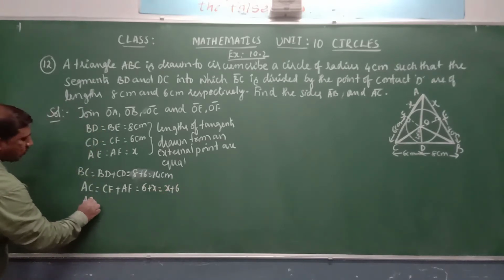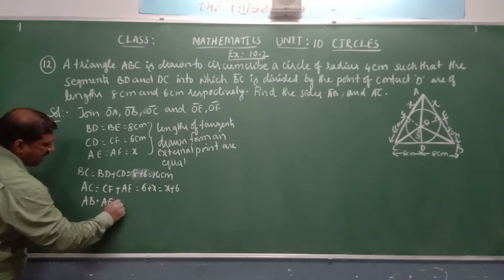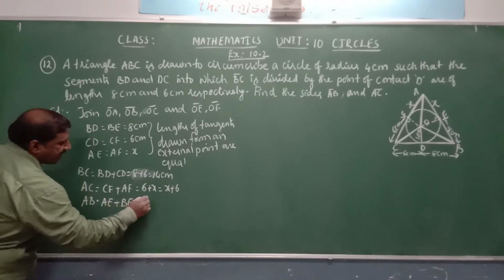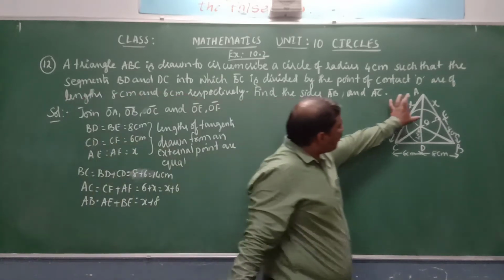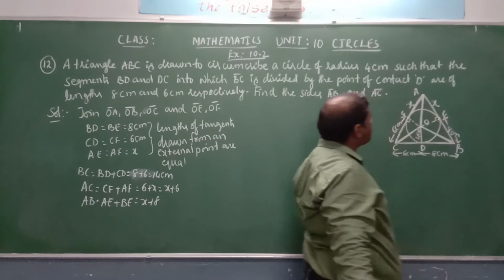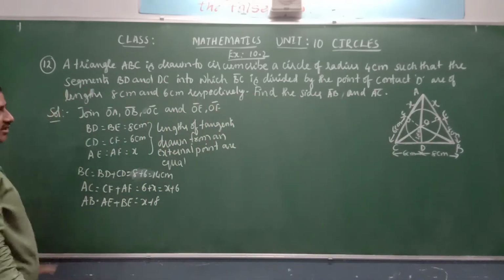AB is equal to AE plus BE, that is x plus 8, since AE is equal to x and BE is equal to 8 centimeters. Now we have it.